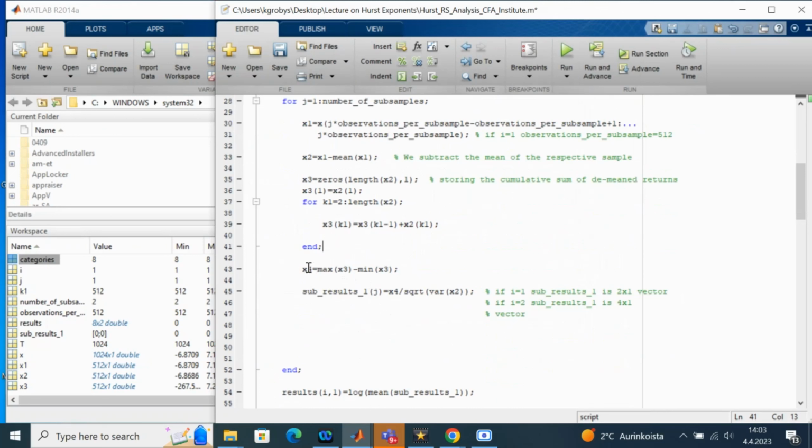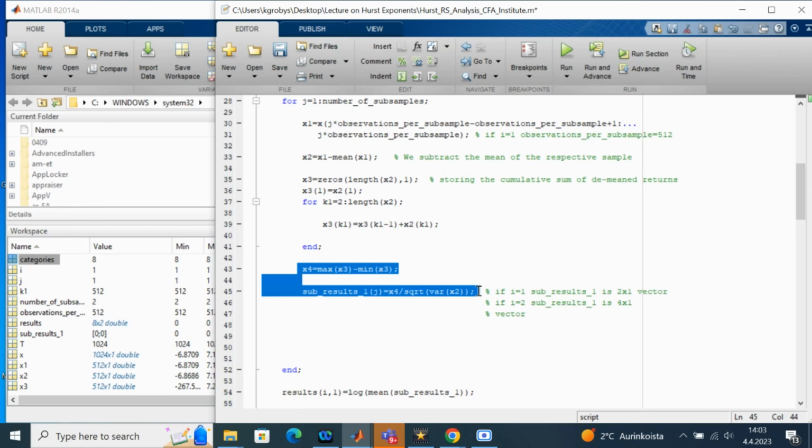So again, what happens here? x4 is the range, the maximum of x3 minus the minimum of x3. This is what we just have seen. Then we store in the sub_result_1 vector, the first element, since we are in the first cluster, j is 1, the range between the maximum and the minimum of the cumulative data vector for the first subsample cluster, divided by the square root of the variance of x2.